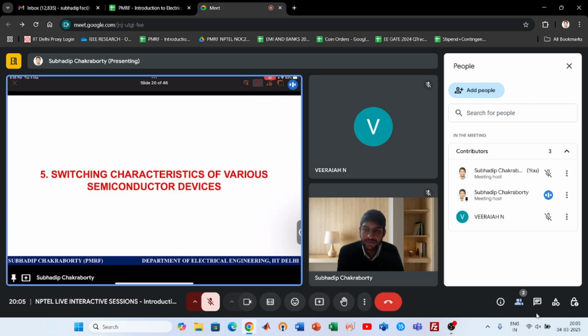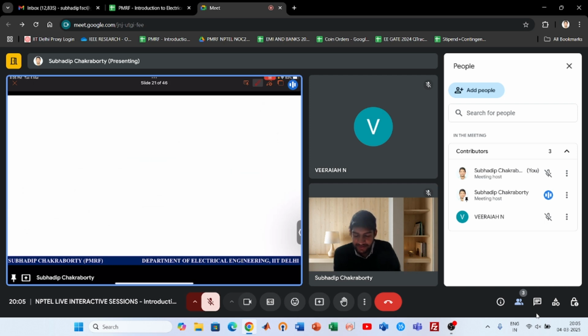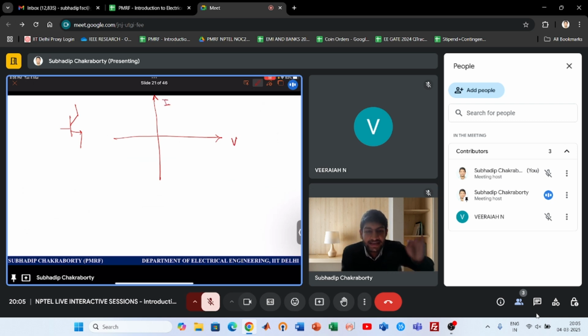So this is how the output and input characteristics are designed for the BJT. So can you tell me quickly, the BJT, if I draw, like this is a current operated device, and if I draw the switching characteristics, how will it be? If this is V, this is I, in which directions can the current be and in which directions can the voltage be?